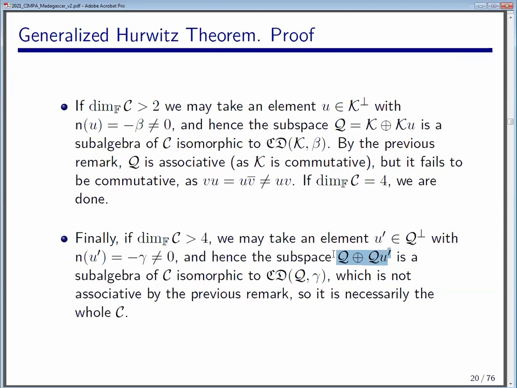If not, we have obtained an associative non-commutative subalgebra of dimension 4 that we can use to get a double algebra of dimension 8. And this cannot be associative. So it has to be the whole algebra, because proper nice subalgebras are always associative. So the dimension must be 8, and we are finished. We cannot continue. Okay, so that's the proof of the result.